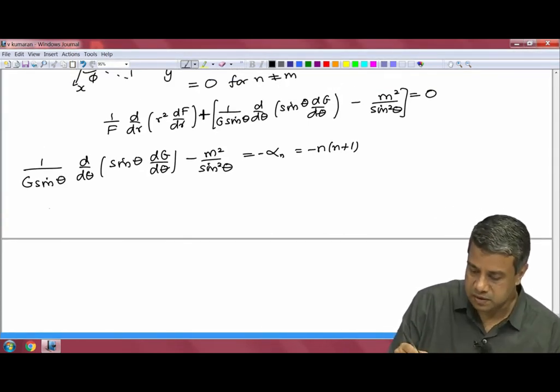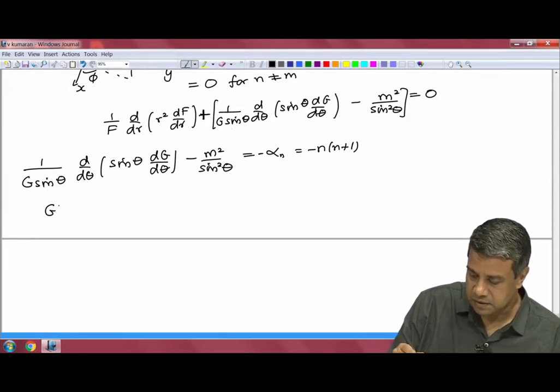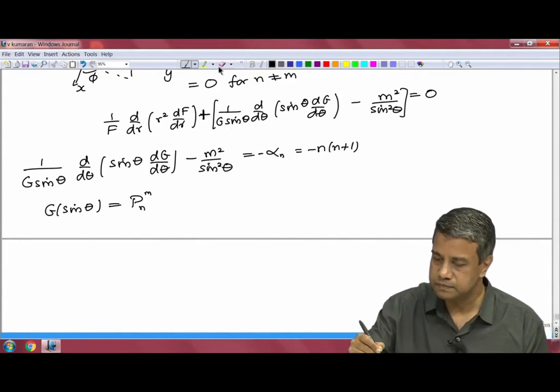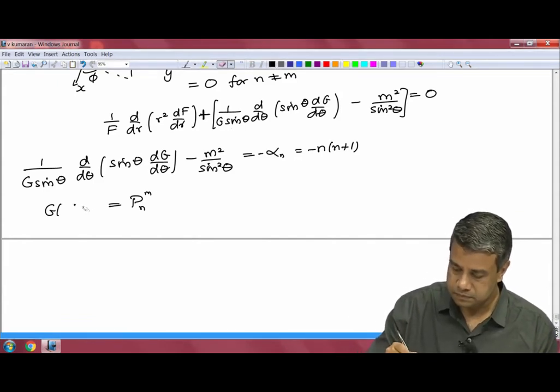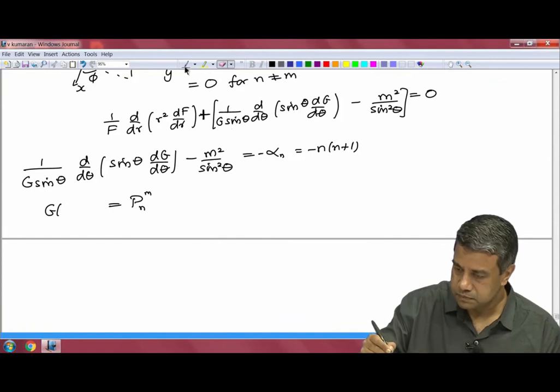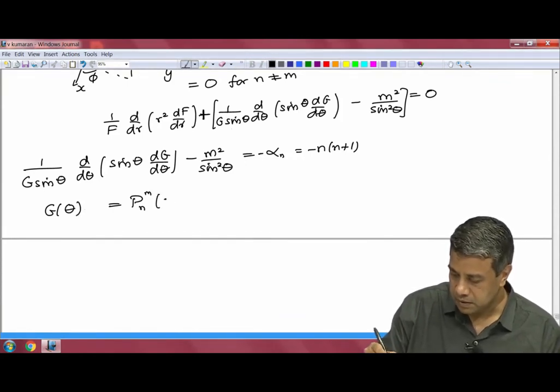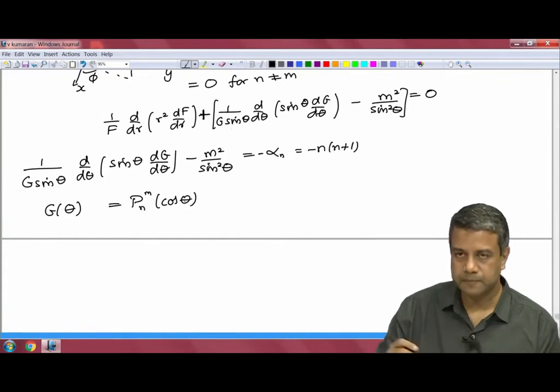The solution is of the form g of sin theta is equal to what is called the associated Legendre polynomial of cos theta.